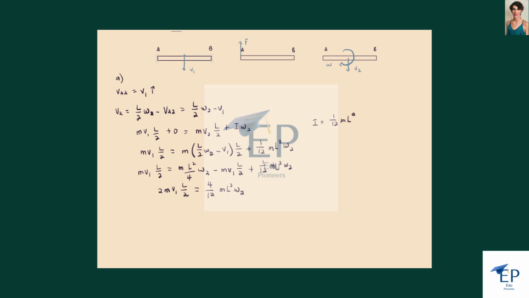So omega 2 is equal to 2 M v1 L over 2 times the reciprocal of the right hand side, 12 over 4 M L squared. So this would be equal to 3 v1 over L, in the clockwise direction.